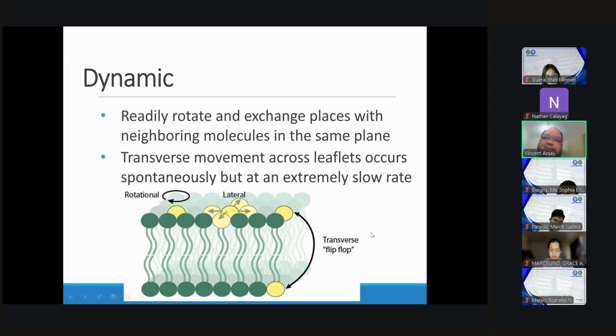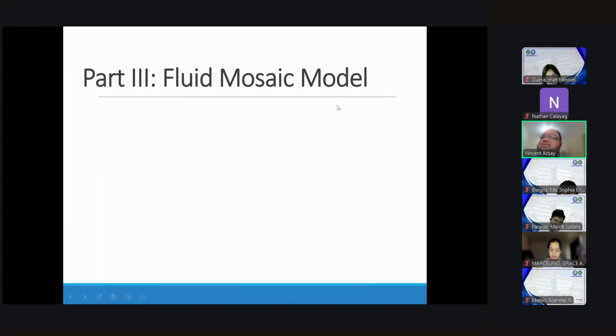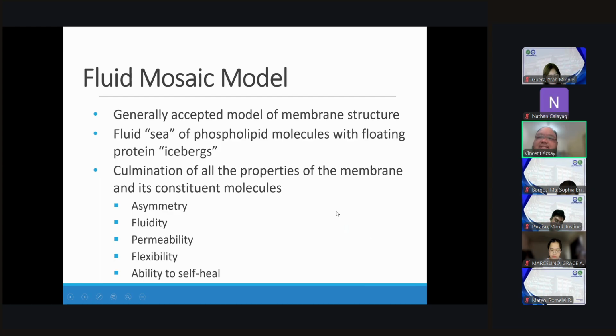Combined all together, this is what is known as the fluid mosaic model. It's the generally accepted model of a membrane structure, where the example is a sea of phospholipids, and then proteins are the icebergs. Again, it is the culmination of the properties and its constituent molecules.